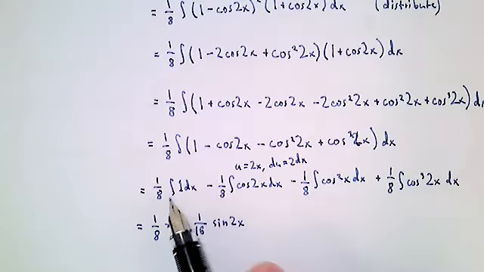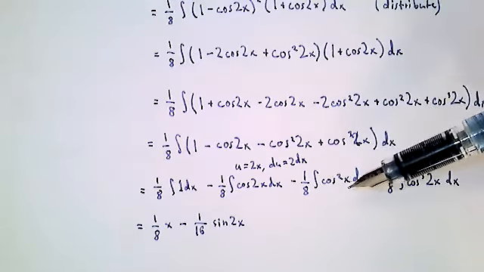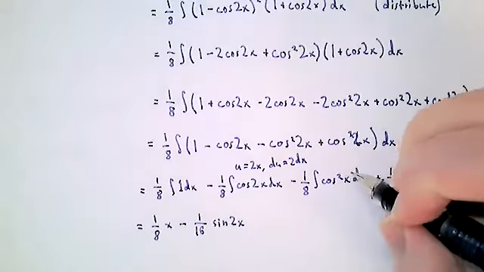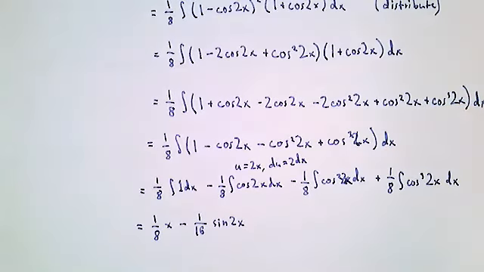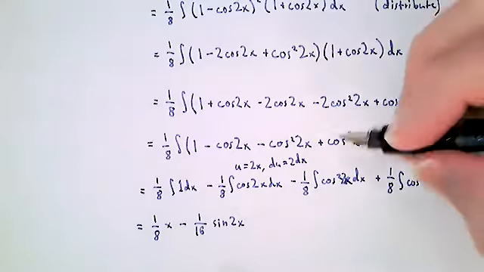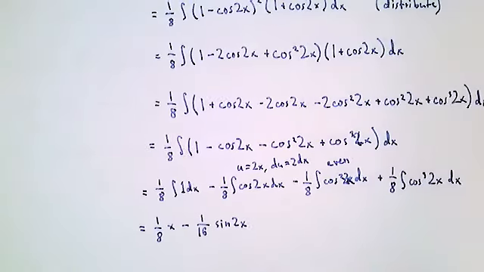Okay, so that's the first two completed. The integrals have gone away. We'll have to do more work for this one. And I lost a 2 here. Should be a 2x inside of that. So what we're looking at here is an even power of cosine.